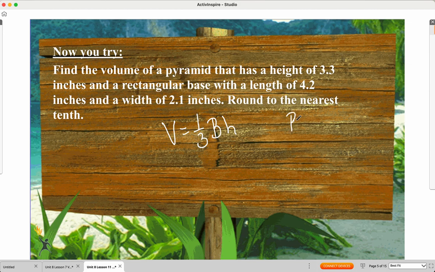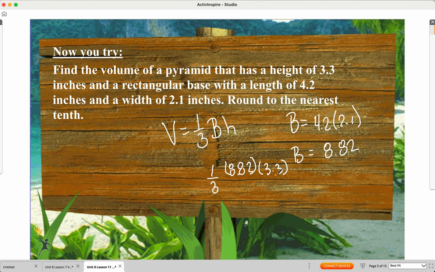All right, so big B is 4 2/10 times 2 1/10. So big B comes out to be 8 82 hundredths. So we put that into our formula, 1/3 of 8 82 hundredths times 3 3/10. This is where I'm going to go ahead and do this first.